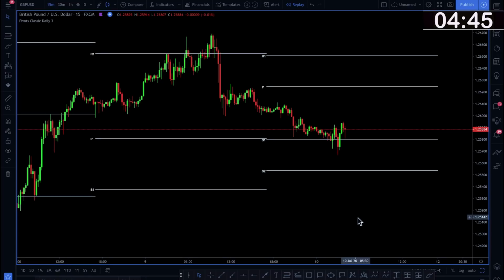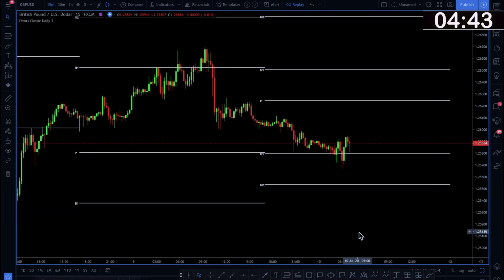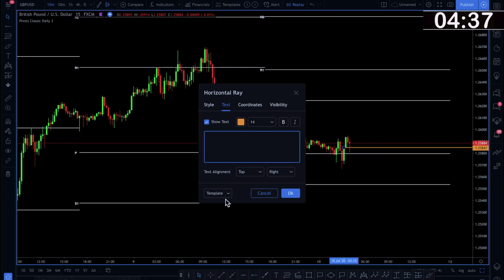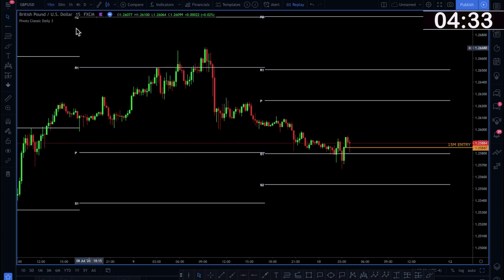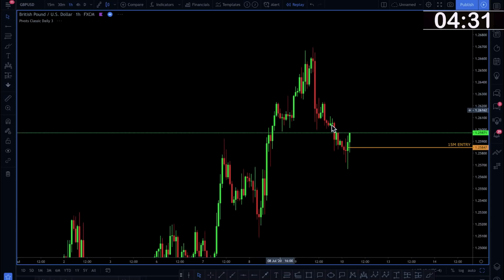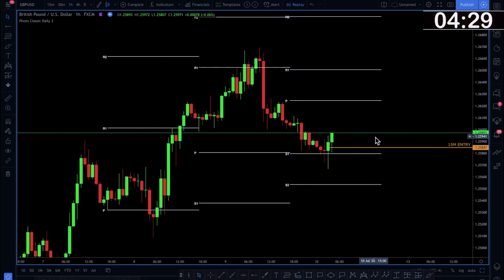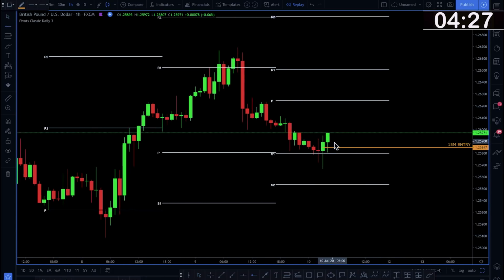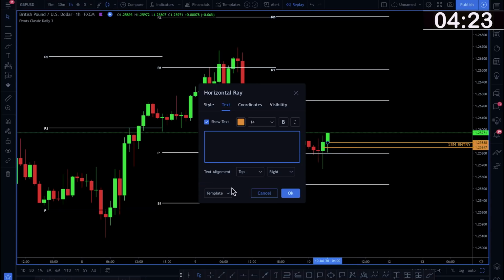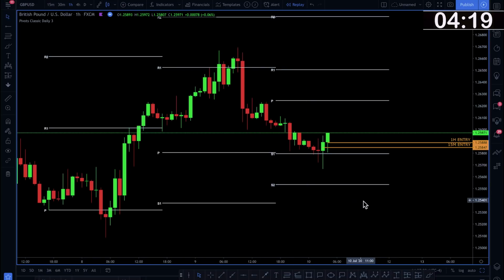So now let's bring that down. Now that you have context, the entry point for the 15-minute would have been right here. Let's label that. Let's go to the hour chart. The hour entry would have been here, because that's the next hour that opened a fresh candle.